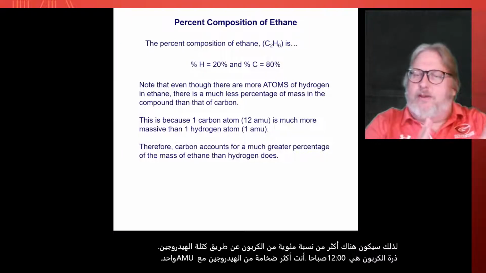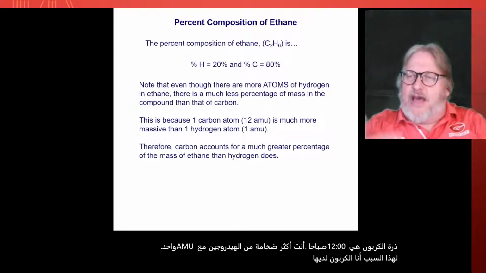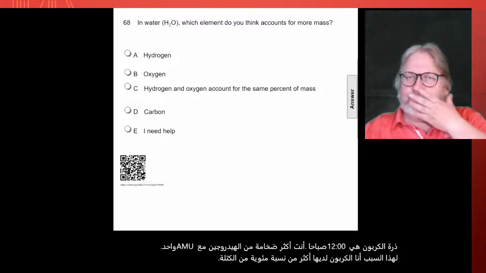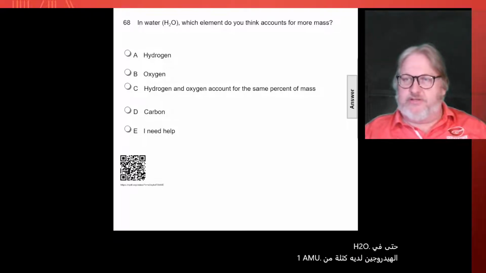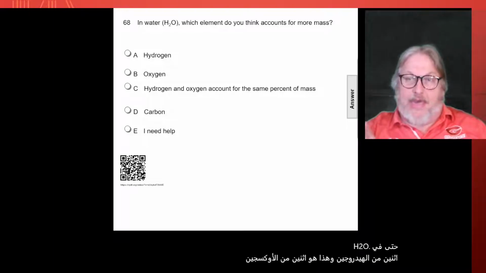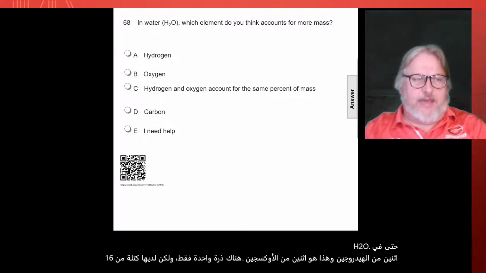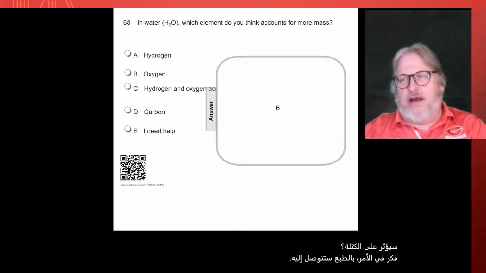That's why carbon has more of a percentage of the mass than hydrogen in ethane. So, in H2O, hydrogen has a mass of 1 AMU, 2 hydrogens, that's 2. Oxygen, there's only 1 atom, but it has a mass of 16. Which one is going to influence the mass more? Think about it. Of course, you're going to come up with B, oxygen.